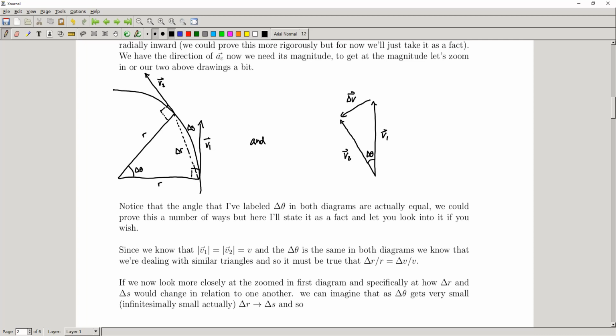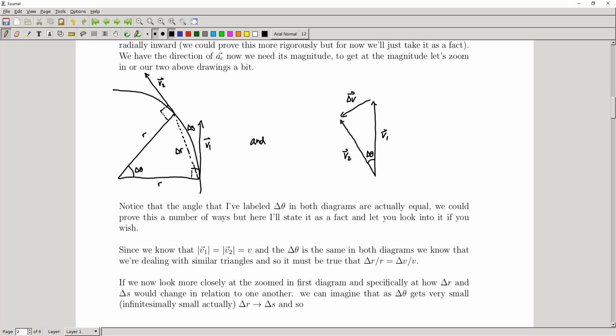Okay. And so since we know that delta theta is the same in both of these diagrams, and since we know that the magnitude of V2 and the magnitude of V1 are both just what we're going to call V, then through the use of similar triangles, we can see that it must be true that delta R over R is equal to delta V over V. Now let's take a look at the diagrams and see what that means.